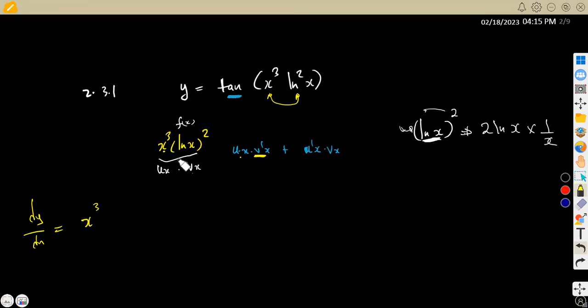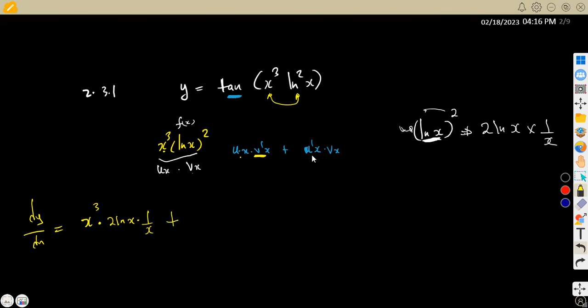Here, remember, these two are multiplying. So we obtained 2 ln of x by 1 over x. Remember, the simplification is not required. This was the derivative of v. Plus, we move on here.